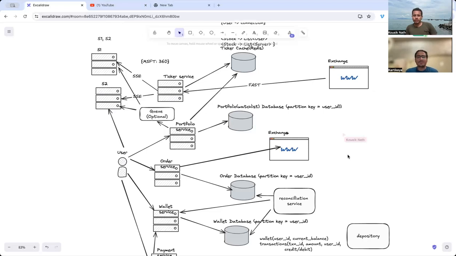Yeah, theoretically possible, but practically, how many issues will it bring? If you just see leader-follower, it's probably just a matter of configuration. You don't need to do anything out of the box. But if you want to do what you are saying, it will probably need much more engineering. You can make one machine a follower of another machine, but you still have a lot of data to serve from this machine.